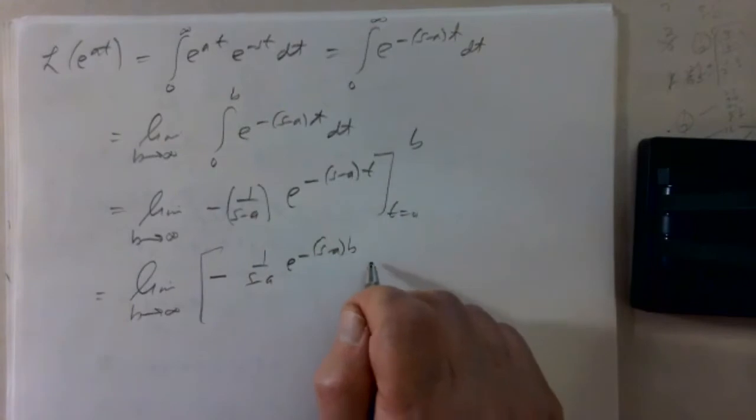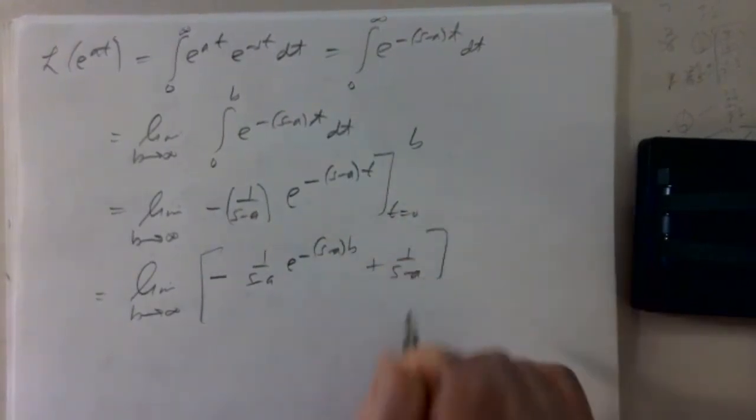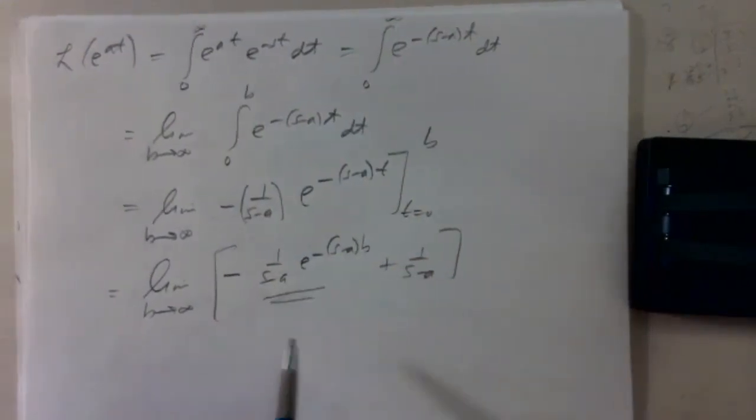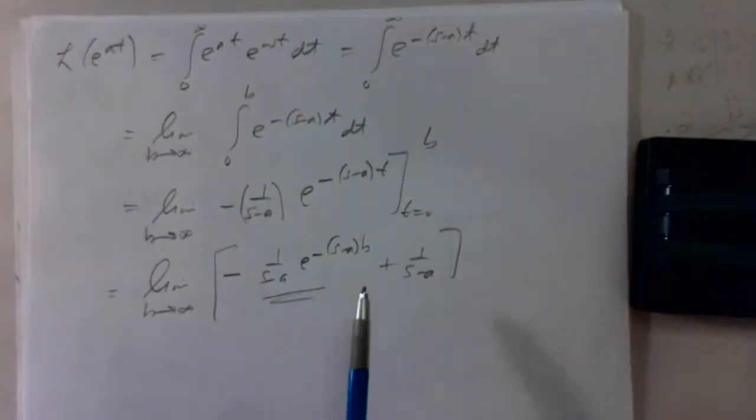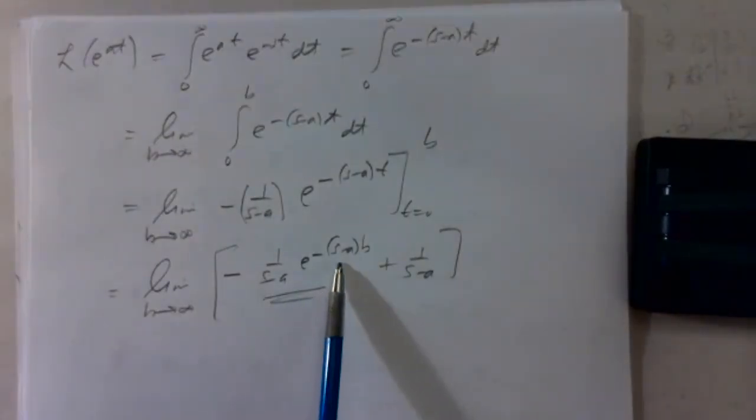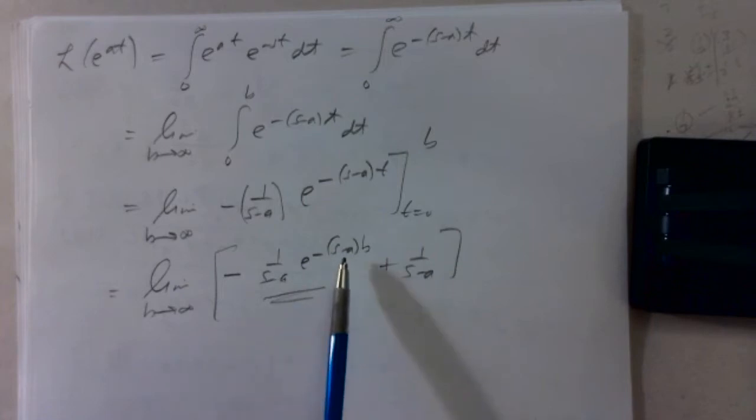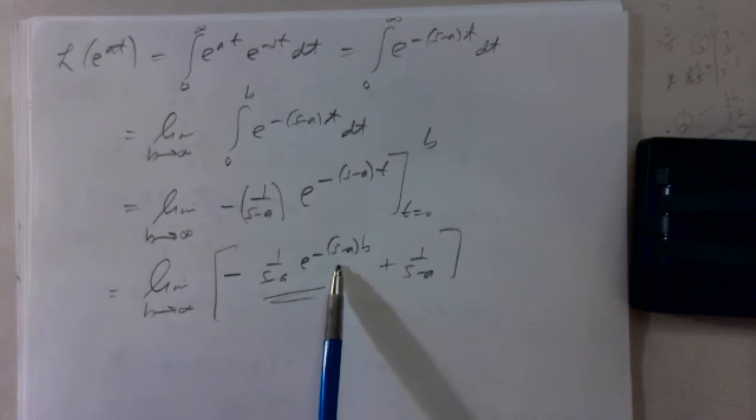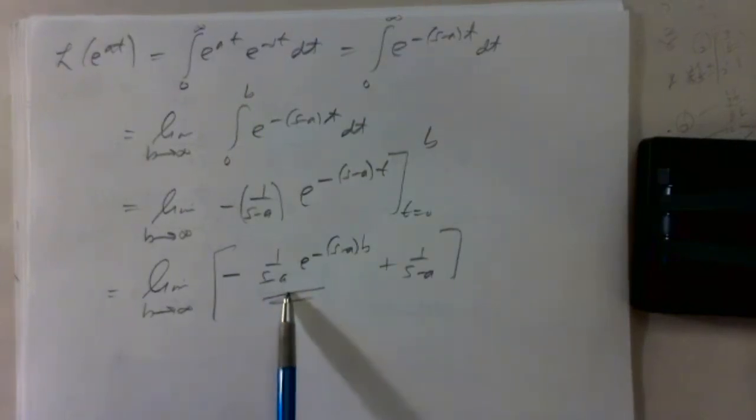So you get minus, plus 1 over (s minus a). What is this? Now, if s minus a is positive, this goes to 0. But if s minus a is negative, this goes to infinity and the integral diverges. If s minus a is 0, this is 0. You get minus 1 over (s minus a).